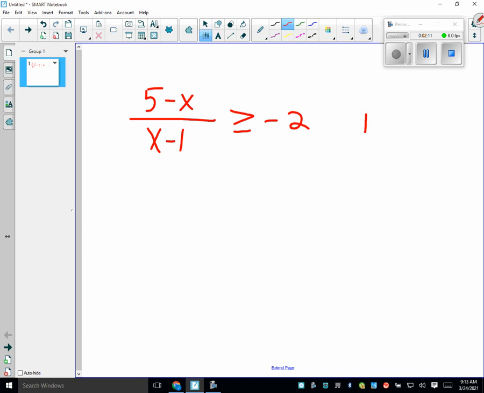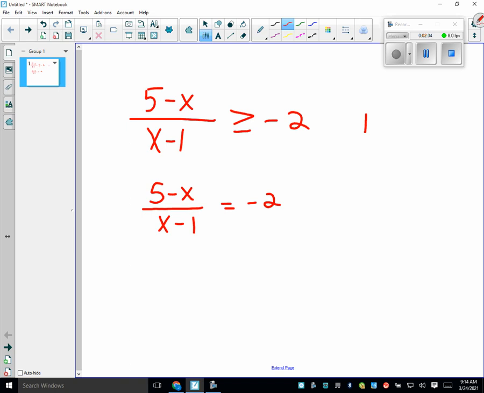Now I work the problem just like I did yesterday. I changed it to equal. So I have 5 minus x over x minus 1 equals negative 2.